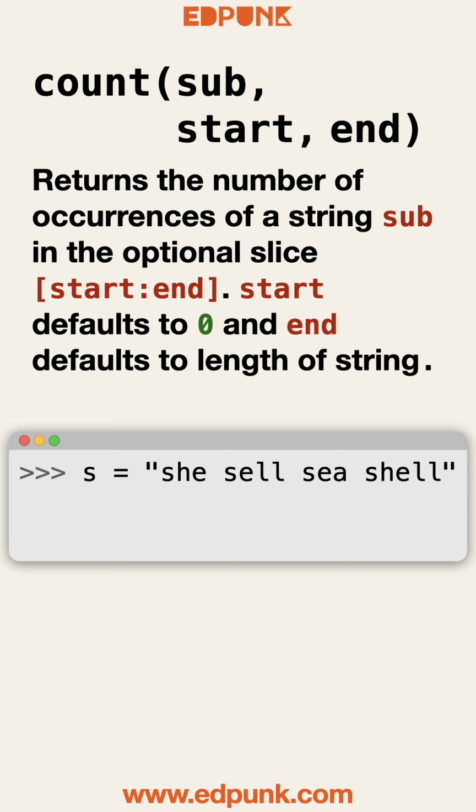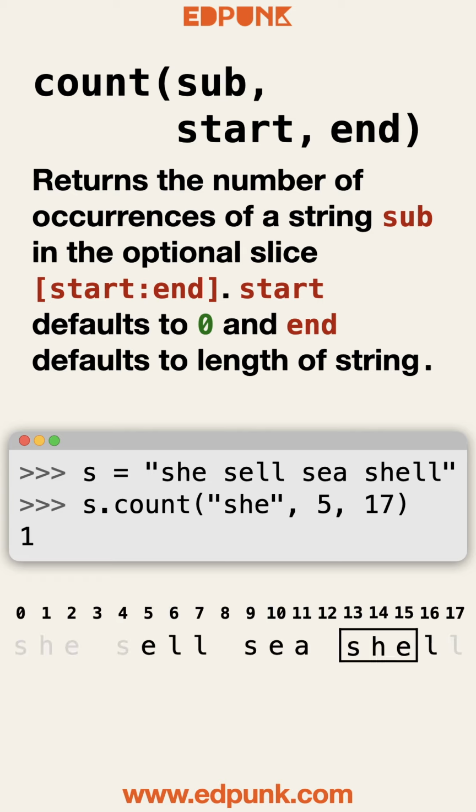Let us take another case where we execute s.count("she", 5, 17), which returns the number of times the substring "she" occurs in the string starting at index 5 and ending at index 16. In this case, there is just one occurrence of "she" starting at index 13. Hence, 1 is returned as the result.